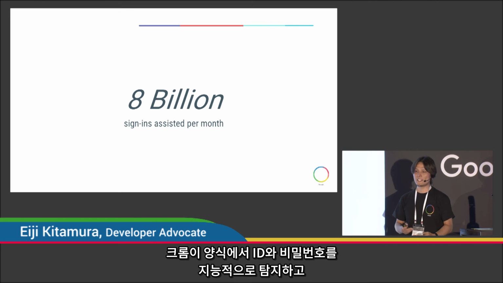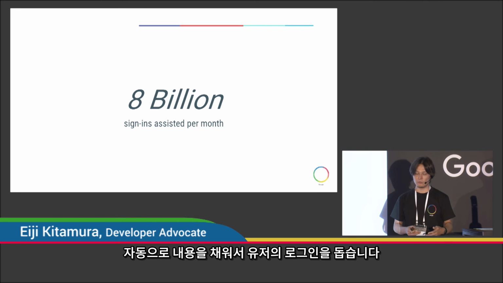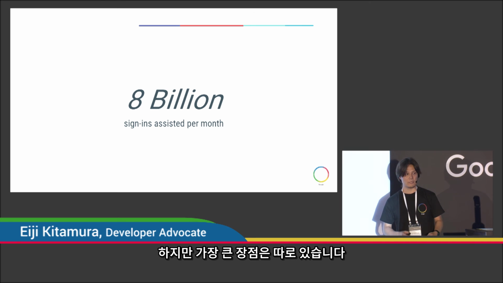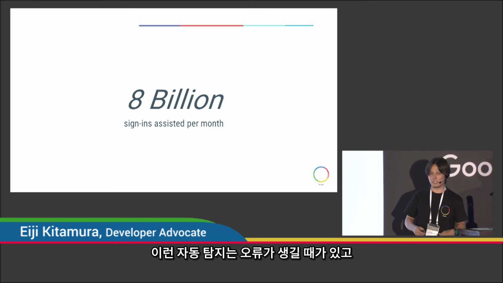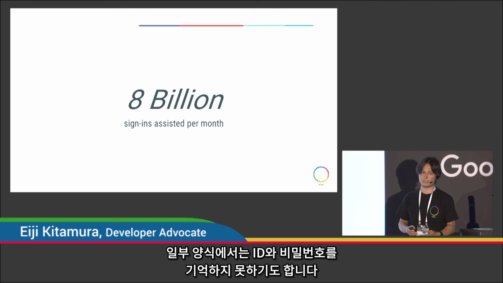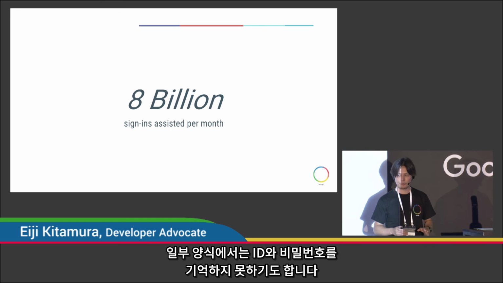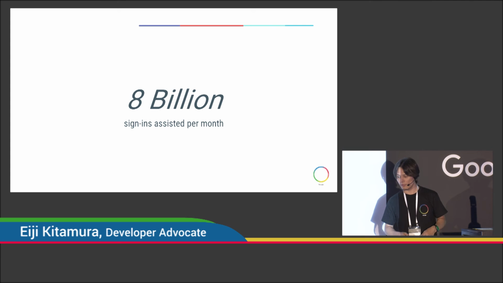Chrome will wisely detect what is ID and password from the form and fill that in and help users sign in. But the catch is that this kind of auto-detection sometimes fails, and you might have experienced in the past that some ID and password forms didn't work to remember.